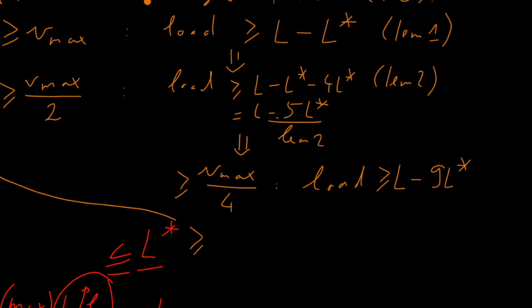Then we apply lemma 2 again, V max divided by 8 speed. Each of these has a load of at least L minus 13 L star, and so on.